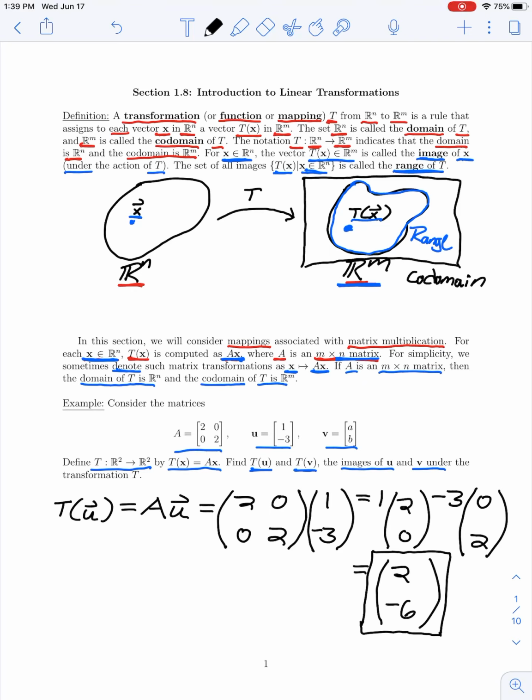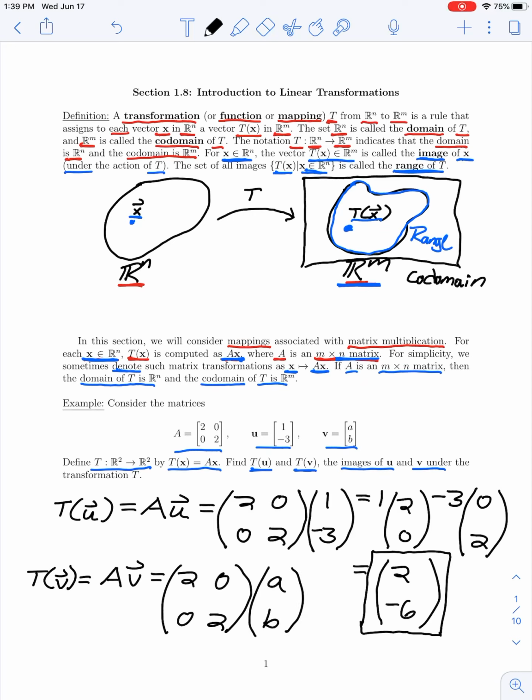If we look at the image of the vector v, we take A times this vector v, so that is the matrix 2, 0, 0, 2, times v, which had components as these arbitrary values, a and b.